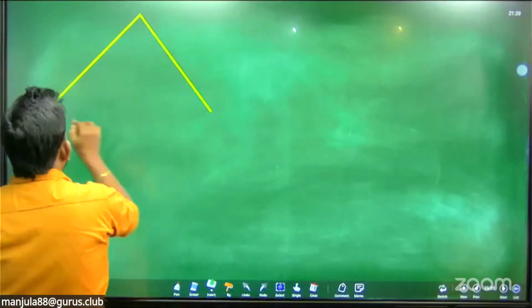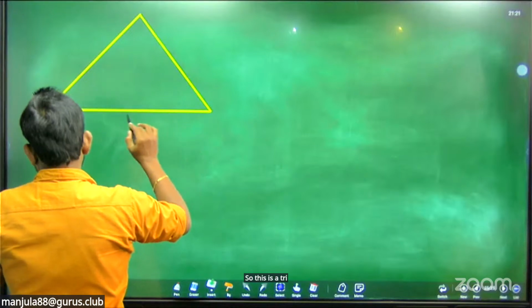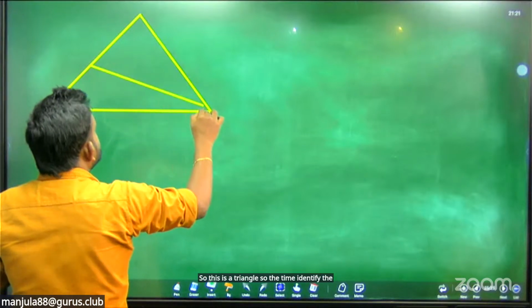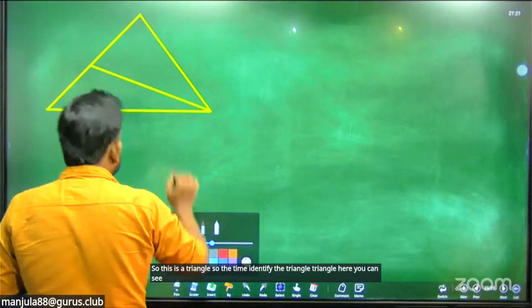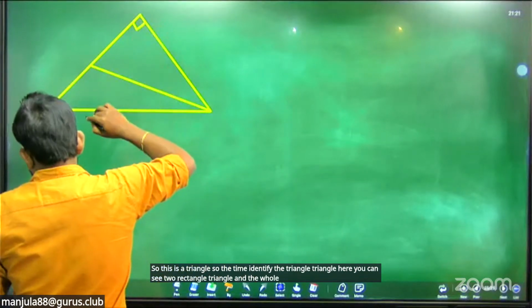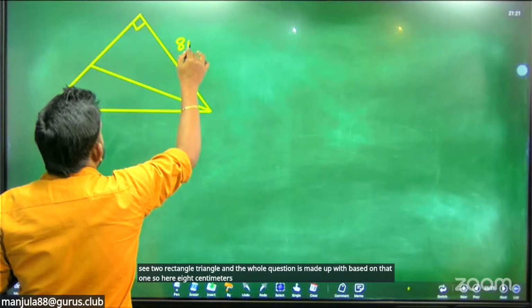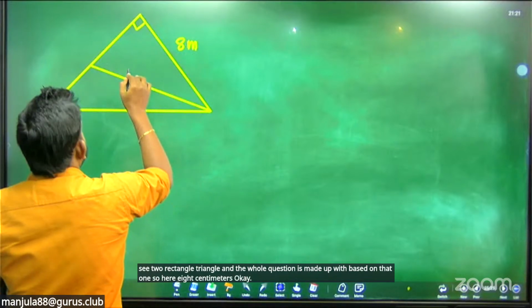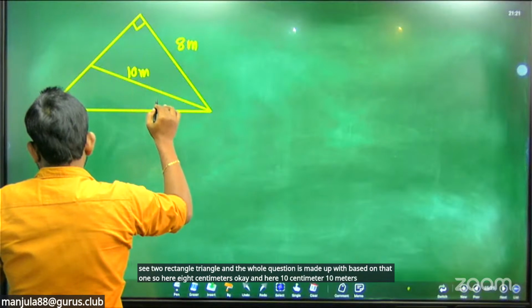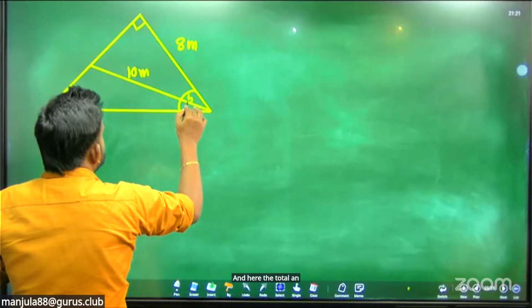So this is a triangle. All the time, identify the right angle triangle. Here you can see two right angle triangles, and the whole question is built on that. Here 8 meters, here 10 meters, and the angle is 51 degrees.